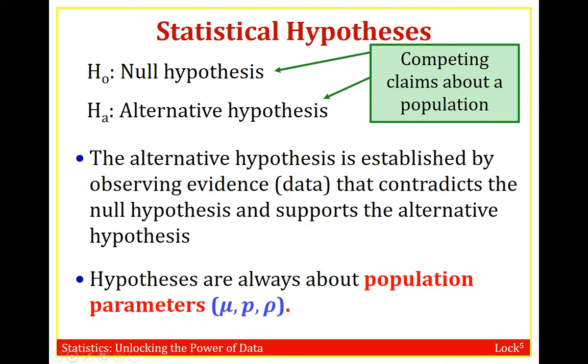The alternative means something. The alternative hypothesis is established by observing evidence. This is going to be the data that we collect, the statistics that contradict, and that's going to be a big term for us, contradict the null hypothesis and support the alternative. That is always our goal.